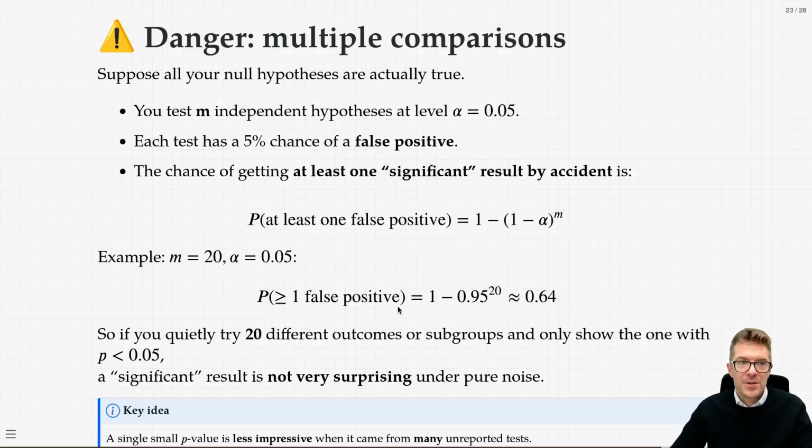So suppose our null hypothesis is actually true. Assume that the coin is actually fair, and we test m independent hypotheses, and we have a level set to 0.05, which means that every test has basically a 5% chance of a false positive. So the coin is fair.